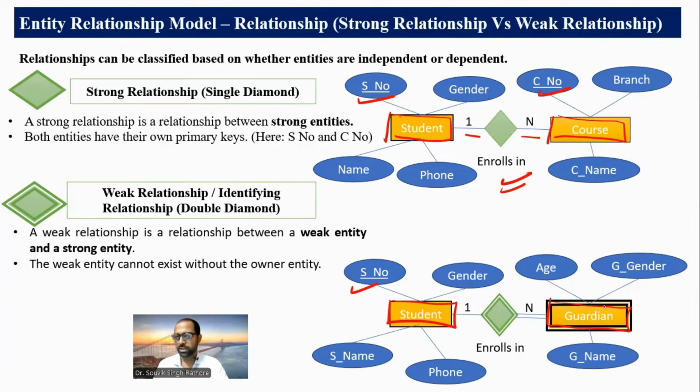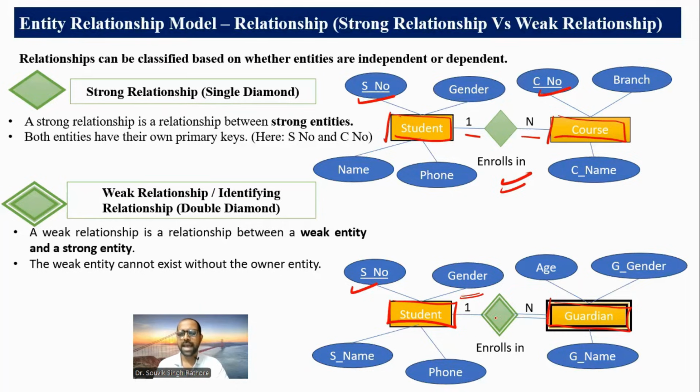So here, for the guardian entity type, the strong or owner entity type is the student entity type. In this example, the guardian is identified in association with a particular student. For example, there is a school festival and you are accompanied by your guardian. Can these guardians come into the school without any student?